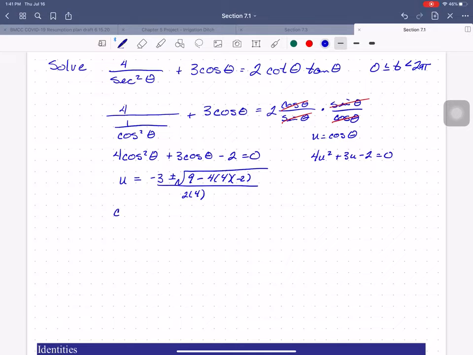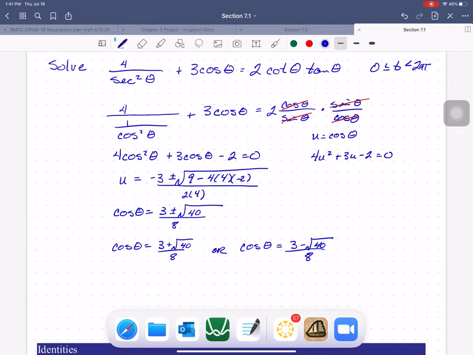So what that really means is that cosine theta equals 3 plus or minus the square root of 9 plus 32, which is 41, all over 8, which really means that cosine theta equals 3 plus square root 41 all over 8, or cosine theta equals 3 minus square root 41 all over 8.